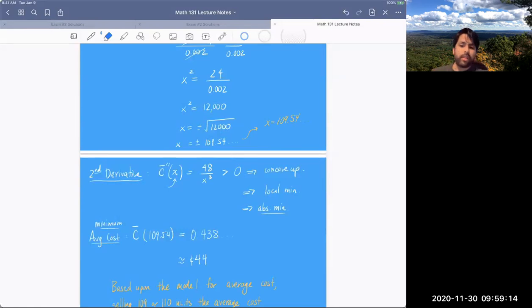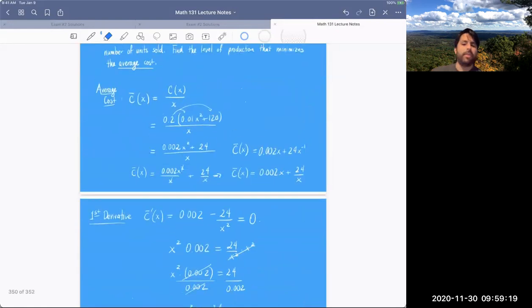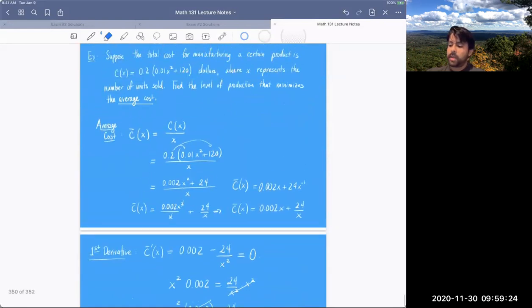For example, with average cost, the x values can't be negative either, because you can't sell negative amounts of things. In the context of the problem, it makes no sense. So I should specify that my x value is bigger than or equal to zero. In theory, you can sell an infinite number, but you see how we can't really say what the limit of the endpoints is, because we don't know.